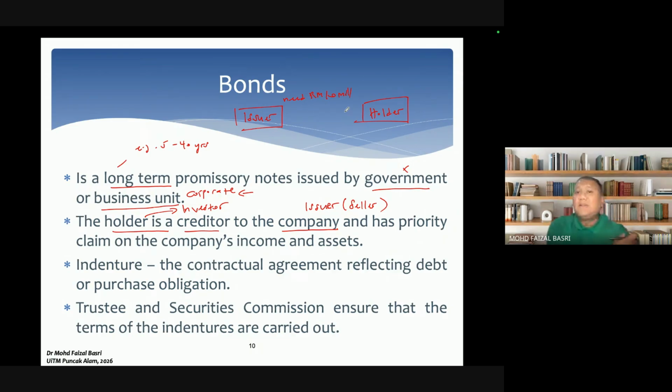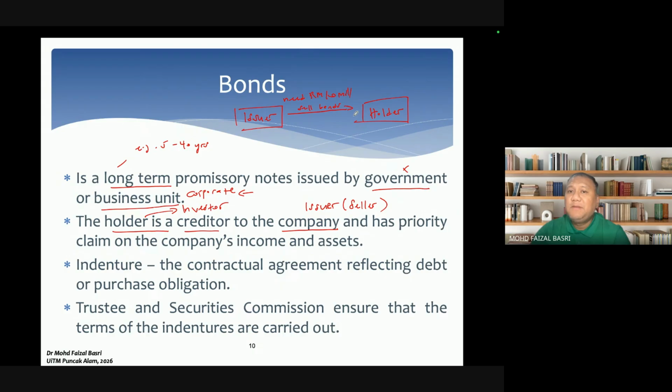So, dia tak nak guna duit dia sendiri. So, dia nak dapatkan funding daripada luar lah. So, they decided, okay, they want to use bond. Contohnya. So, what they gonna do, the issuer gonna sell. Dia akan jual bonds. Okay, and the holder ni yang ada extra cash akan belilah from the issuer.